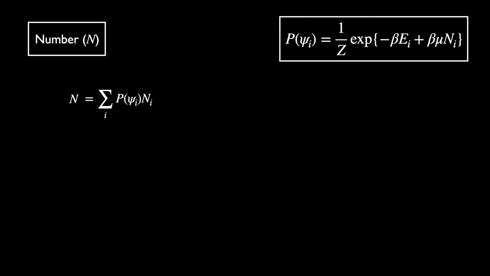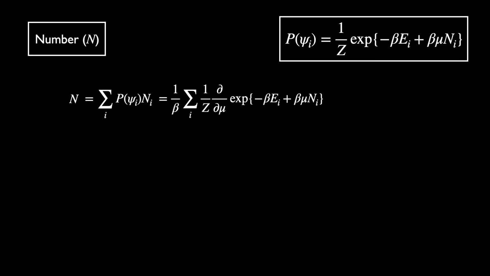As a first example, we will derive the average particle number from the partition function. N is equal to the sum over i, p(ψi) times Ni. Plugging in the Boltzmann distribution for p, we can see that Ni can be generated by differentiating the Boltzmann factor with respect to μ, and then dividing out β, which is brought down from the exponent, together with Ni.